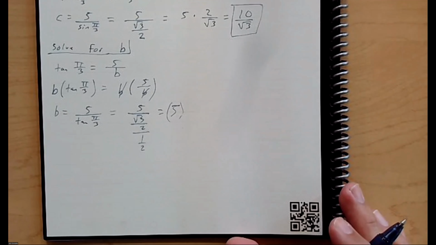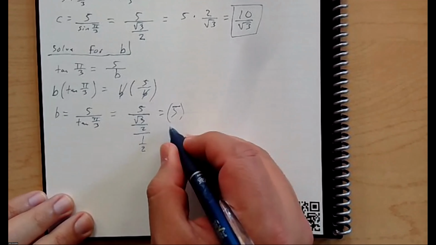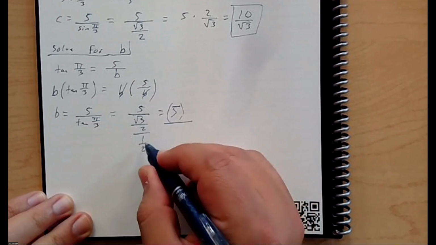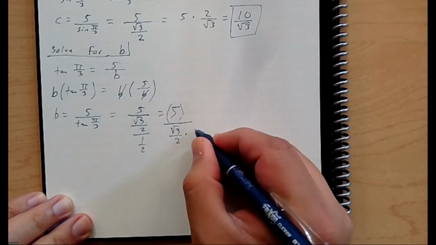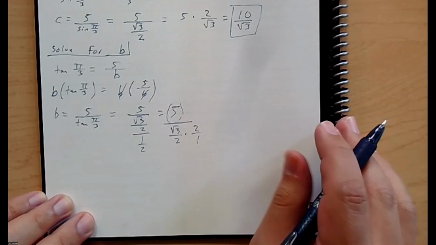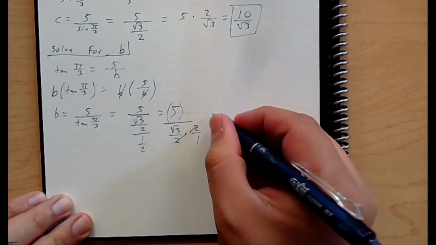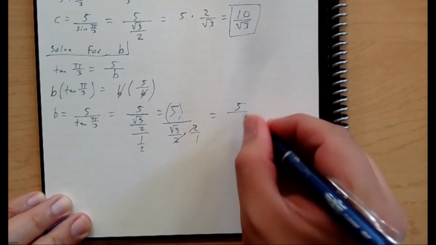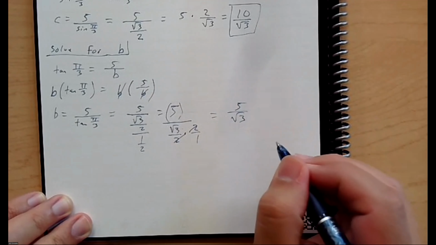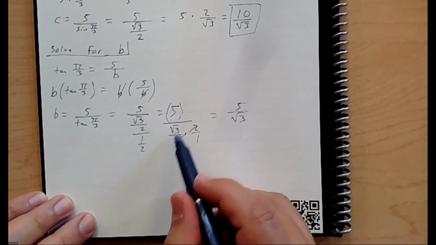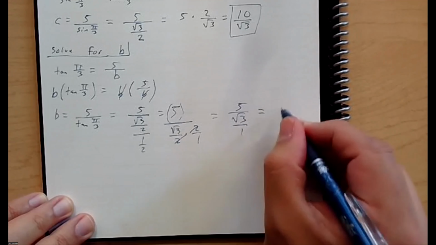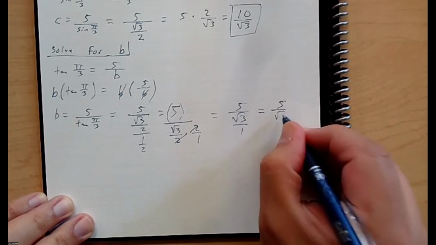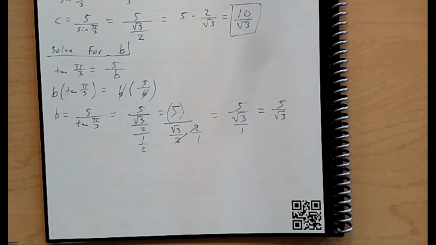So square root 3 over 2 divided by 1/2 is the same as times 2, right? These 2's cancel, leaving me with 5 over root 3. That's it. That's the only step I didn't show. The 1's on the bottom technically, but it doesn't do anything. That make more sense? Yeah.